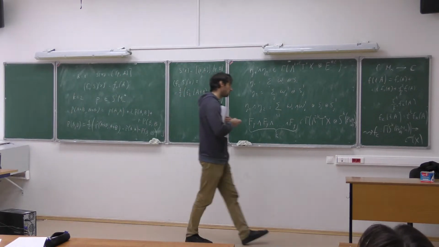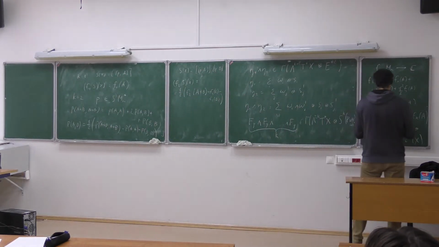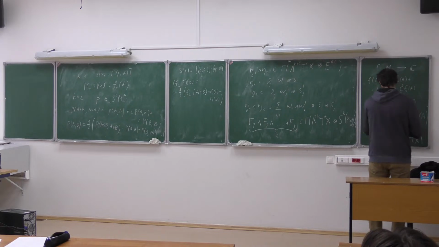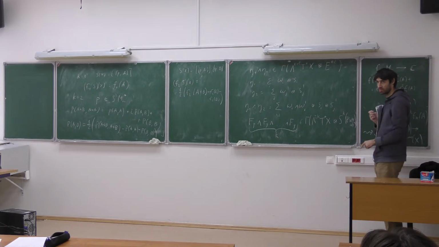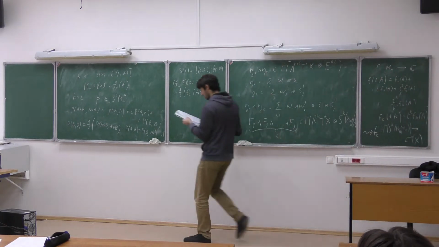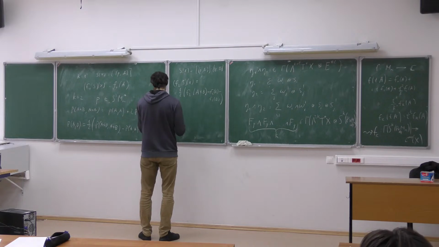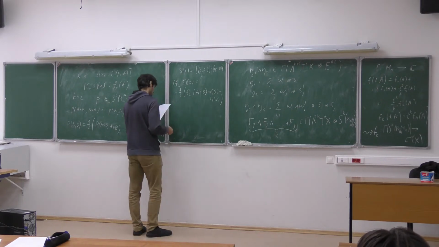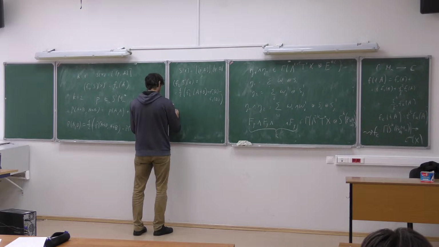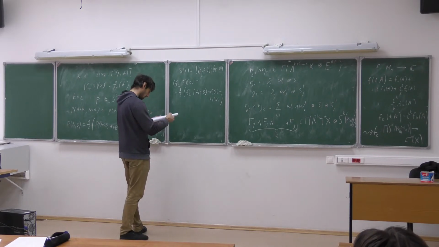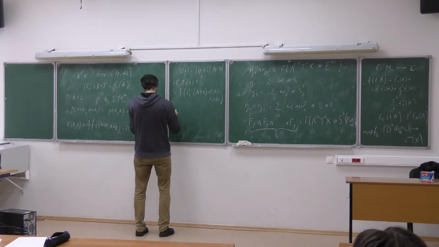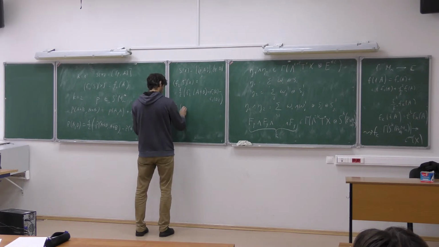Okay, so now we know how our map gives us a way to map these sections to these sections. And so we are actually almost done, because then I define the following form, F_k of rho_F.